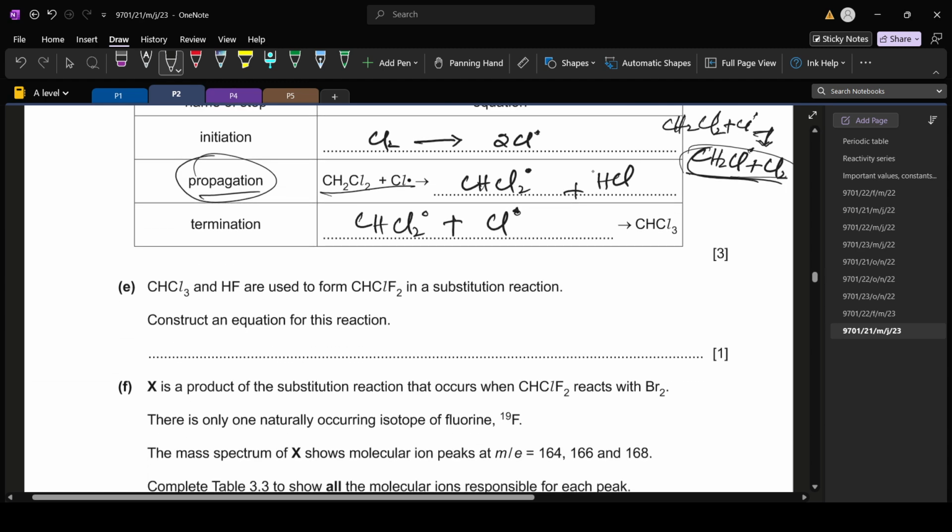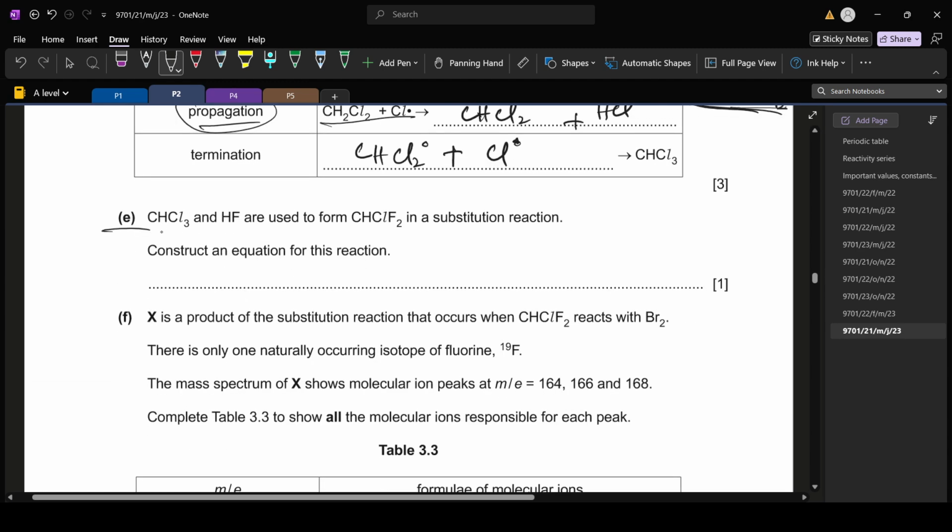Now part E. When CHCl3 and HF are used to form CHClF2 in a substitution reaction, construct an equation.